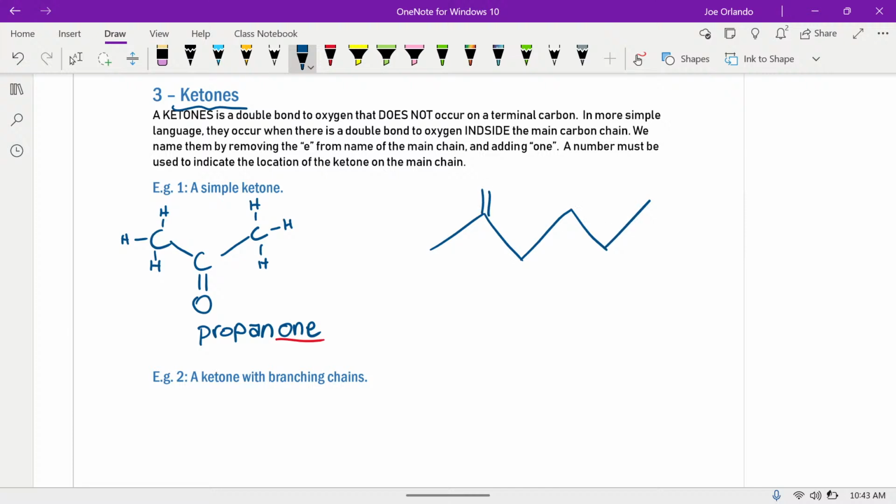And if I put the ketone on carbon 2, how would we name a hexane with a ketone on carbon 2? We'd call it hexan-2-one. Very good. That make sense? It does, doesn't it? But we don't pronounce it that way. So it's not propan-1-one, it's propanone. It's not hexane 2-one, it's hexan-2-one.